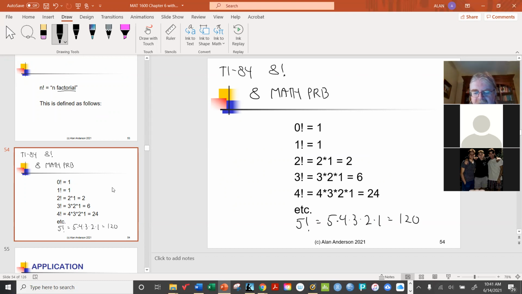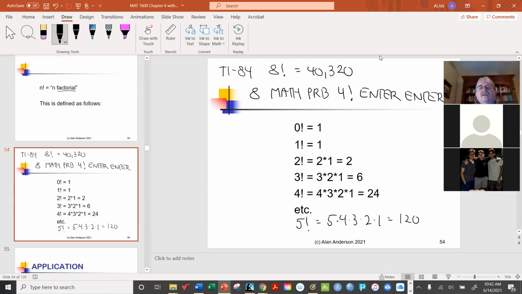And when you get to the PRB menu, go down to 4, which is the factorial. And then you hit enter. Wait a minute, hold on, I'm doing it on mine. And then you enter again. And it should come up with 40,320.